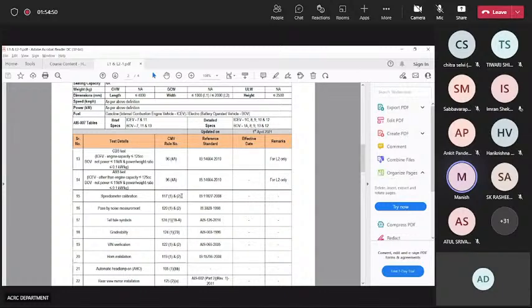Then comes the telltale symbols. Telltale symbols are basically all the symbols you see on the dashboard, like the indicator symbol which blinks when you are putting on an indicator. When there's a high beam, there's an indicator symbol on the cluster which shows that you are in high beam. There are cluster symbols for, let's say, battery capacity low, or an error is there. So all those things are part of the telltale, and there is a definition for that also.